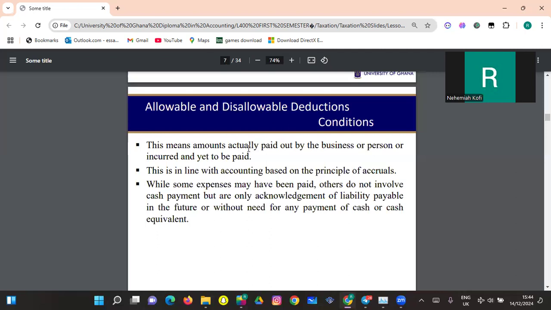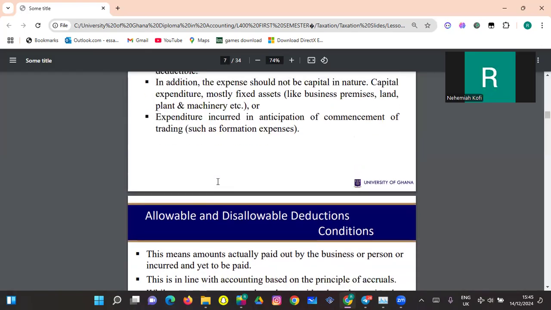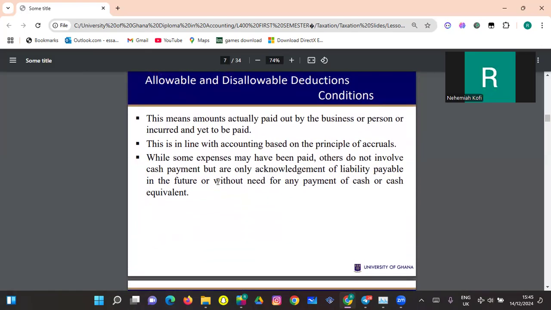So this means amounts actually paid out by the business or persons, or incurred and yet to be paid. This is in line with the accounting basis or principle of accrual. So basically, if you have workers that you are supposed to pay, let's say 30,000, and you pay them 20,000 instead of 30,000, right?